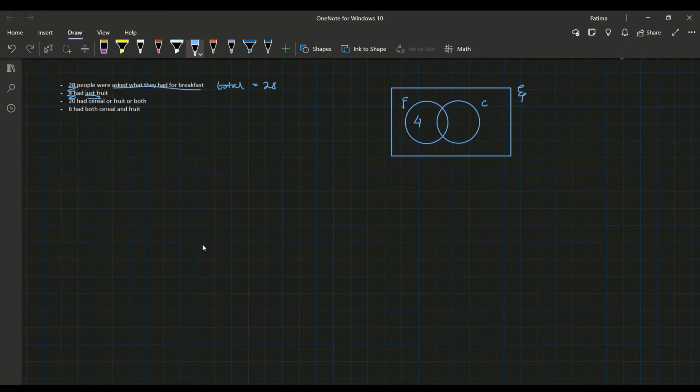We also know that 20 had cereal or fruit or both. So that means F plus F intersect C plus C, cereal, is equal to 20. That means everything in this region should equal 20.